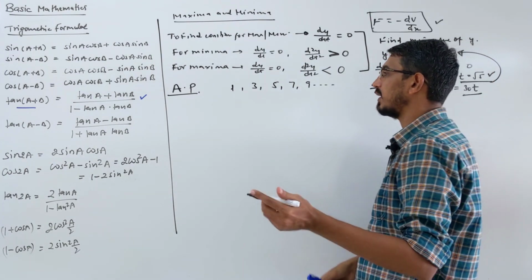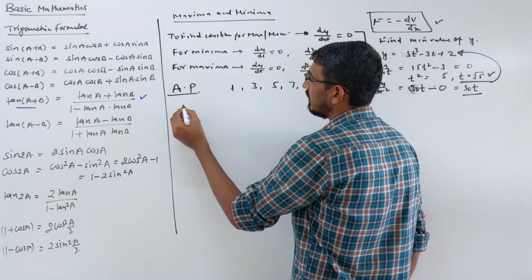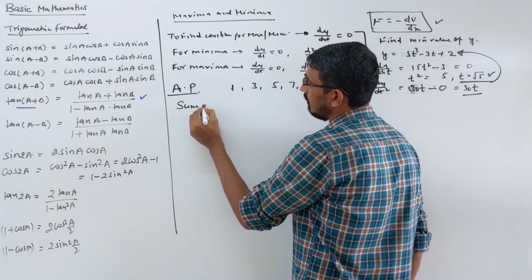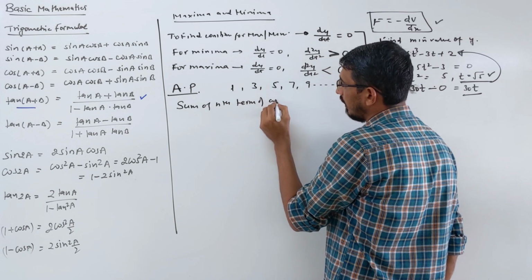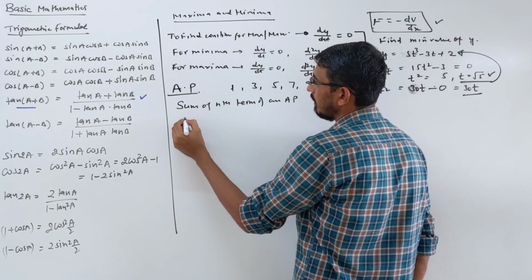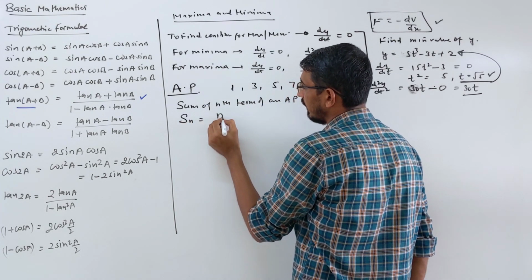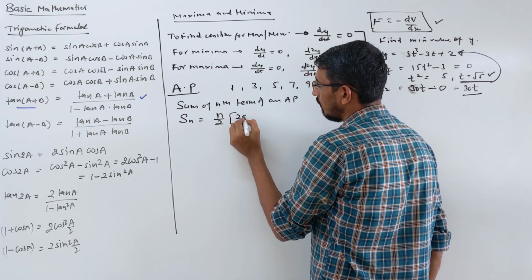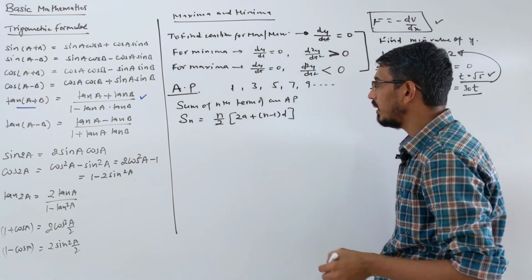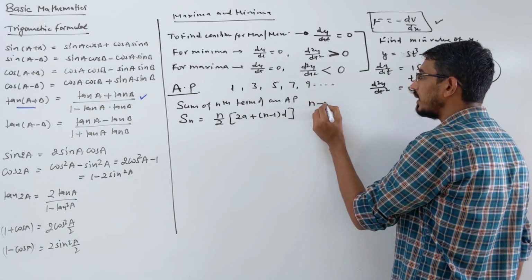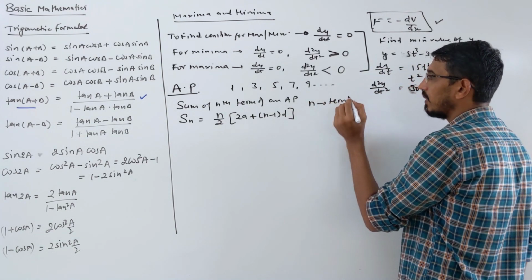Here we have two things. If you remember, we have learned one, we have to calculate the sum of n terms of an AP. That simply becomes Sn equals n by 2 into 2a plus n minus 1 into d. In this formula, n is the number of terms. How many terms do we want to calculate?